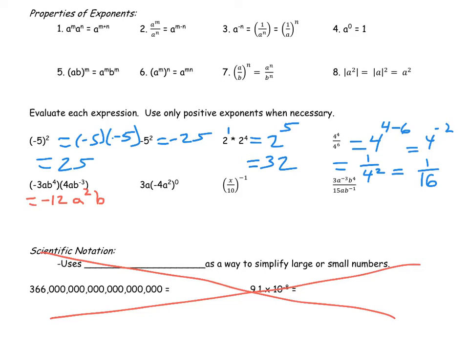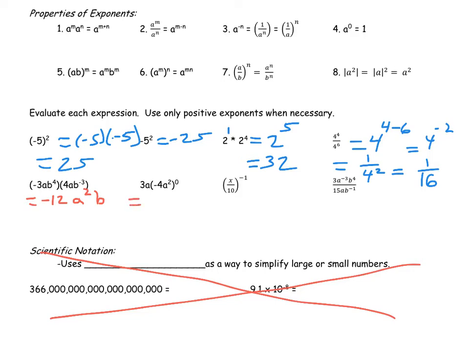So B to the 4th, 4 plus -3, which would just be +1. And that would be it, -12A squared, B to the 1st. I guess the way to approach these is constants first, and then check for variables that have the same base.